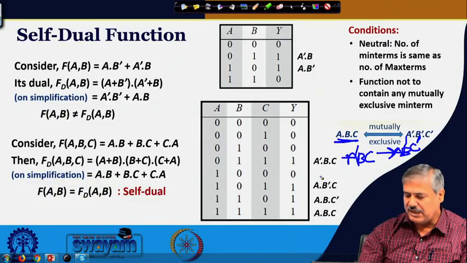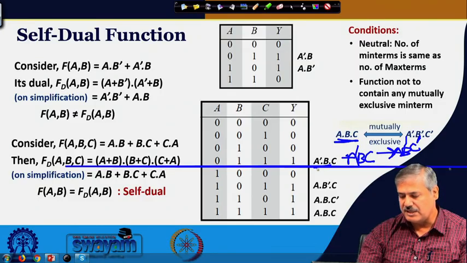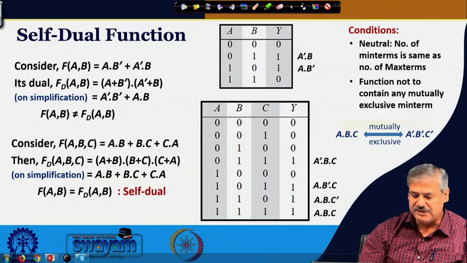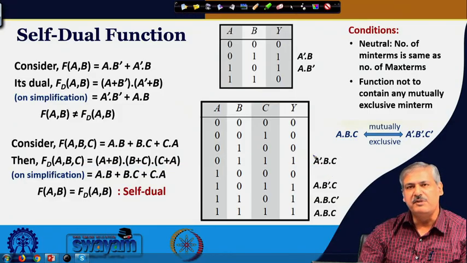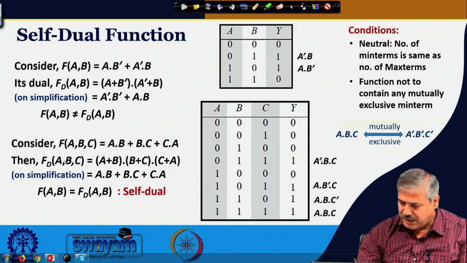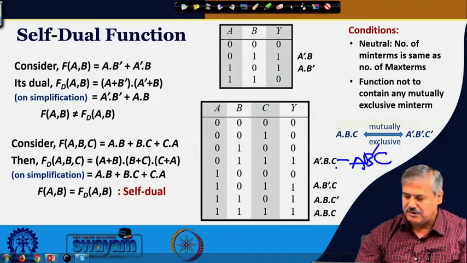In this particular case you can see that for A prime B C, its mutually exclusive term is A B prime C prime. For this one, its mutually exclusive term is A B C prime. But this min term is not there. So, where is A B prime C prime?